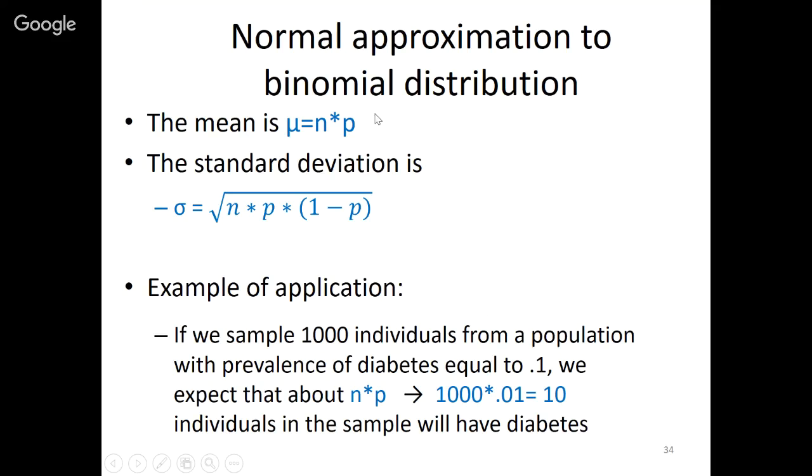As it turns out, for relatively large numbers, this binomial distribution approximates a normal distribution with a mean of the number of trials times the probability of success, and a standard deviation of the square root of n times p times 1 minus p.